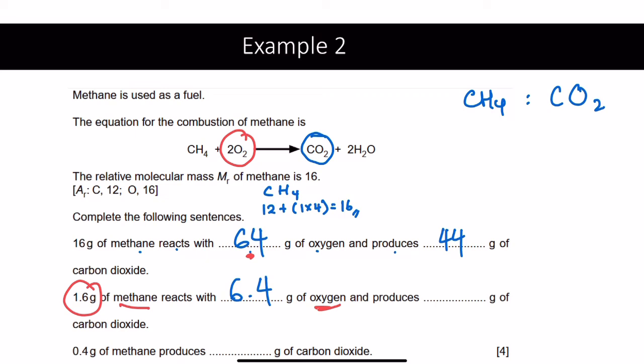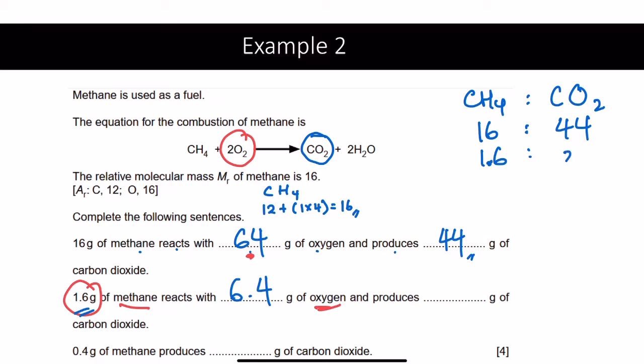First row is your MR. So I put again 16. What was the MR for carbon dioxide here? Earlier, right? We just put here 44. Okay, next. How many methane we have initially? Okay, 1.6.